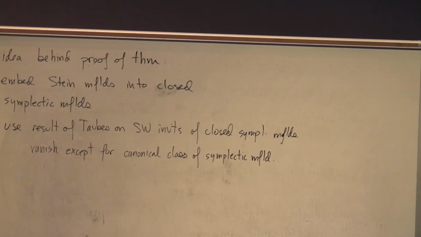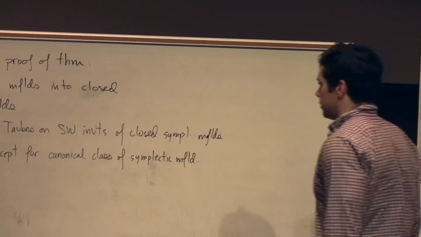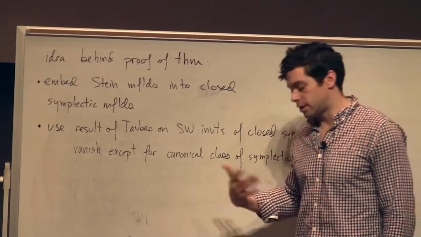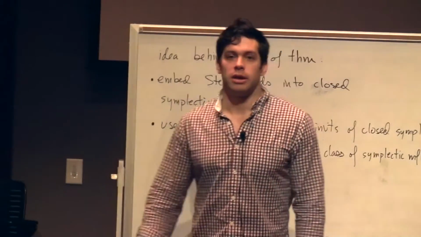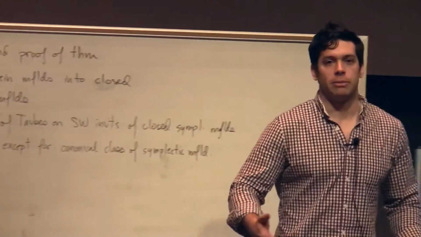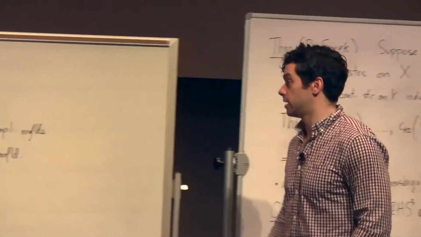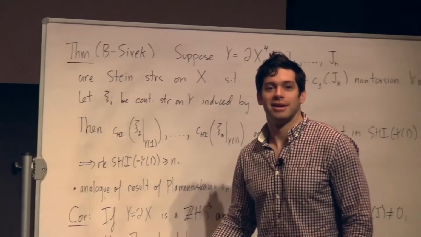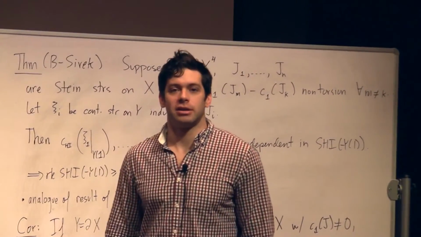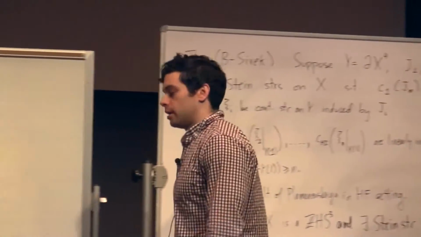And so you need a result about non-vanishing of Donaldson invariants on closed symplectic manifolds. Well, there's this conjecture of Witten, which is that the Donaldson invariants should basically encode the same information as the Seiberg-Witten invariants. The problem is that it's a conjecture. But it turns out that various cases of the conjecture have been proven.